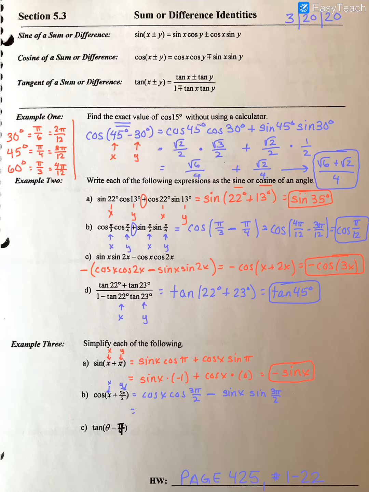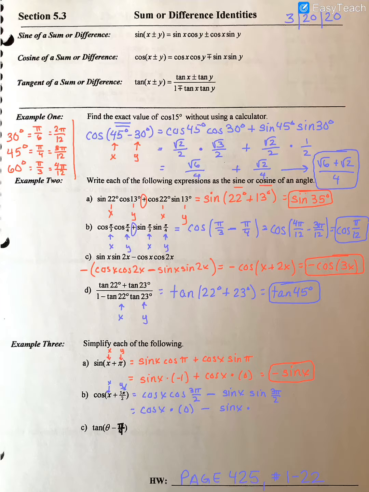Clean it up like we did last time. Cosine x is still cosine x. Cosine of 3 pi over 2. So that's when we're going down on the y-axis there at 270. Left or right, 0, down 1. So that would be the ordered pair 0, negative 1. So the cosine of 3 pi over 2 is going to be 0, minus, it's still sine x.